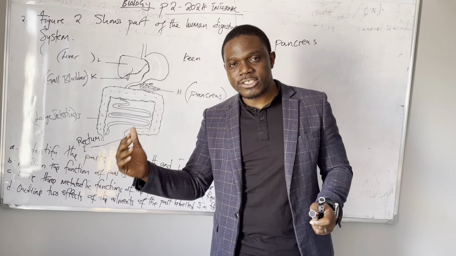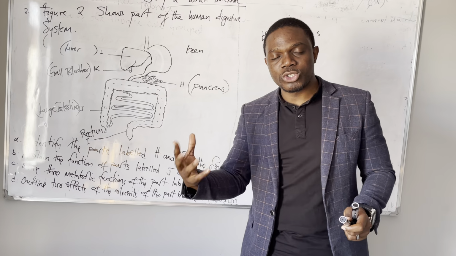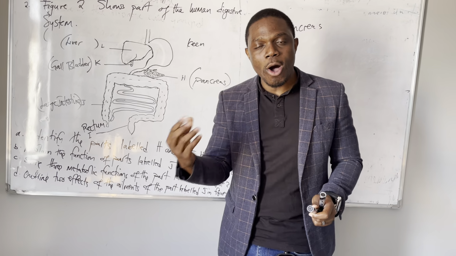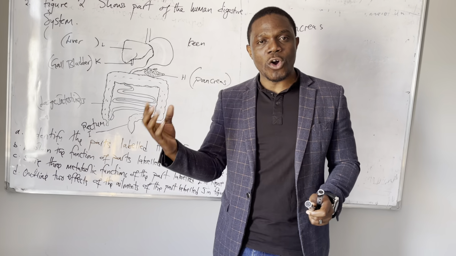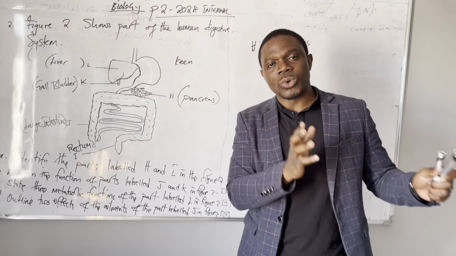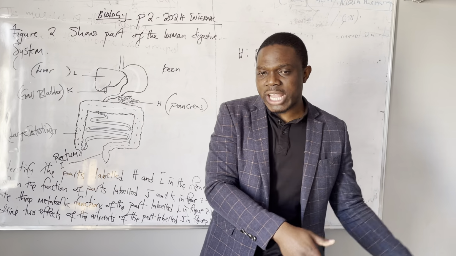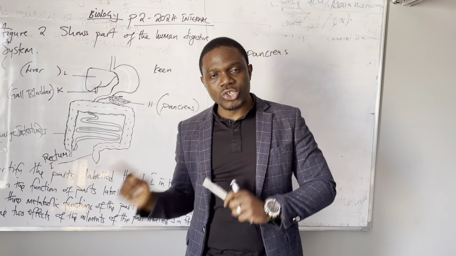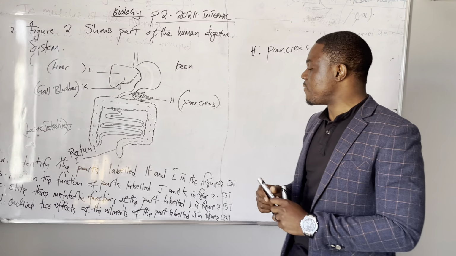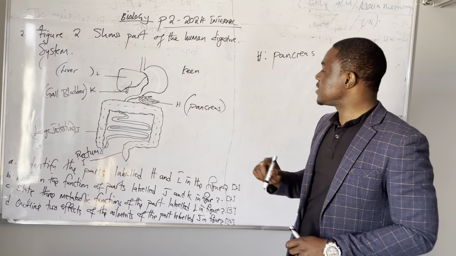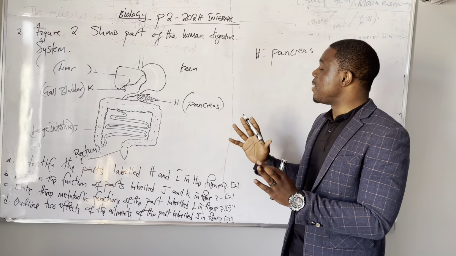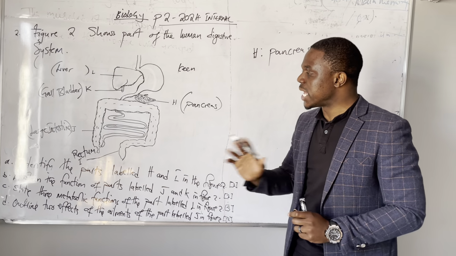How does it do that? It produces hormones that are responsible for converting glucose to glycogen, and glycogen back to glucose. That is the function of the pancreas, and that is the part we are calling part H.